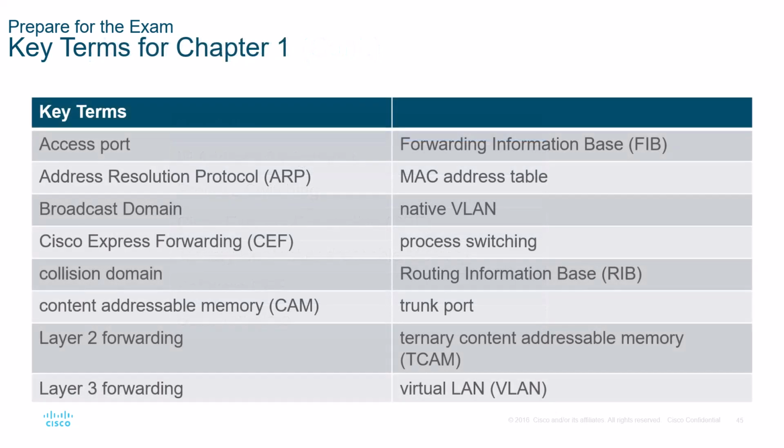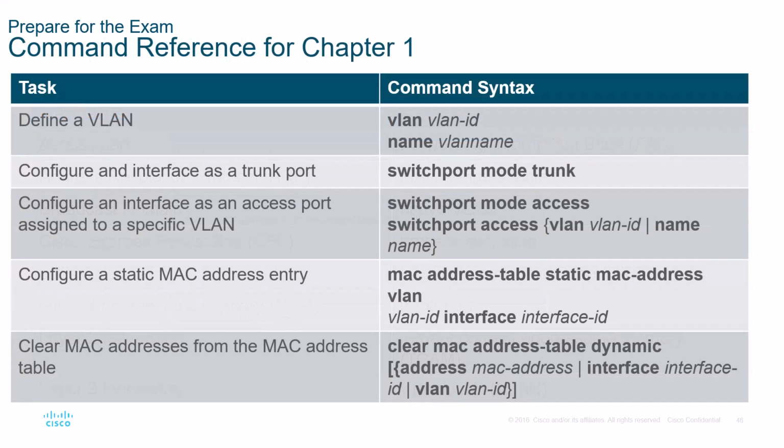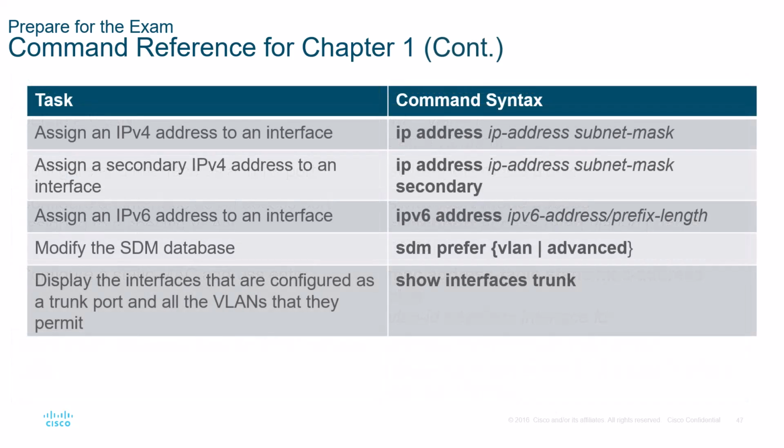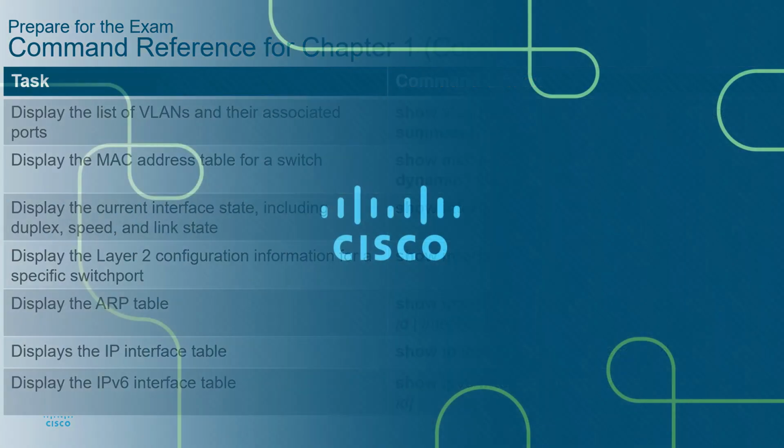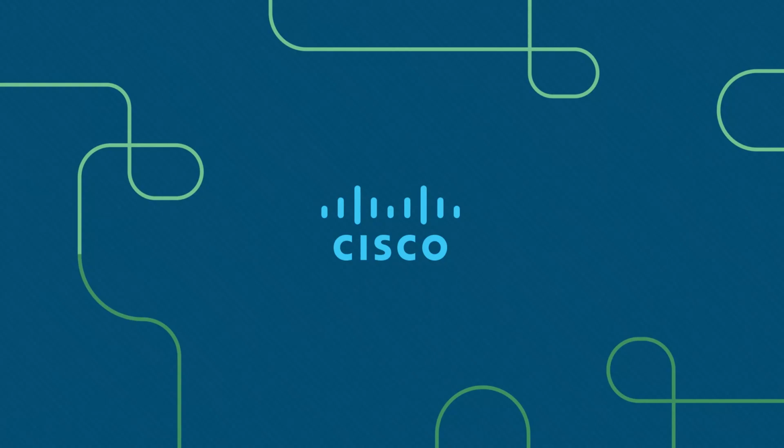We learned a lot of new key terms. We looked at a lot of different tasks and the show commands and the different commands that are used. We looked at how to display content. And that is it for this module.